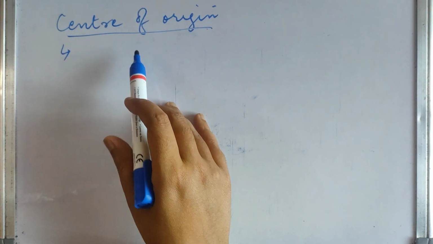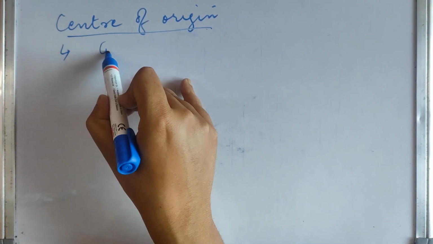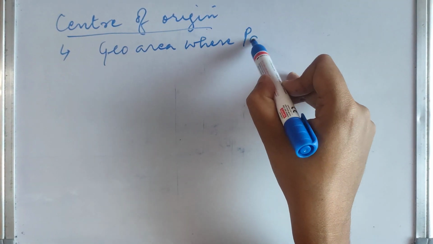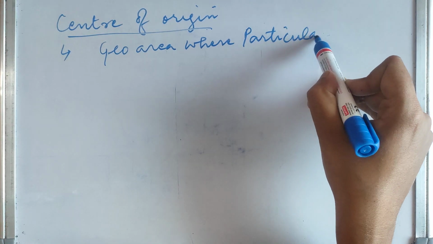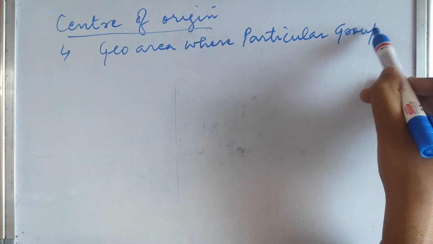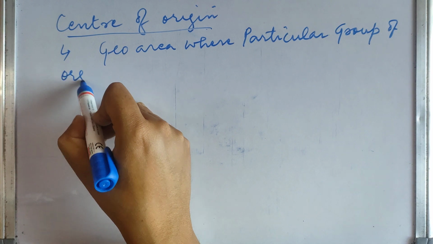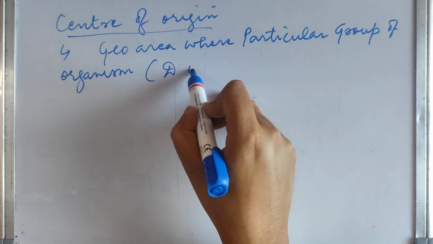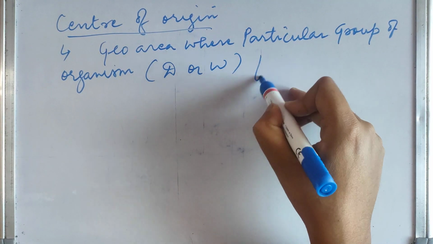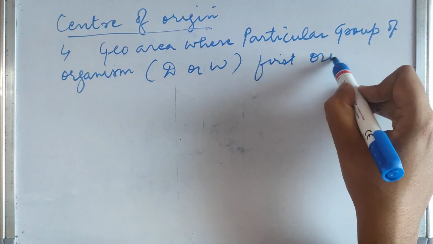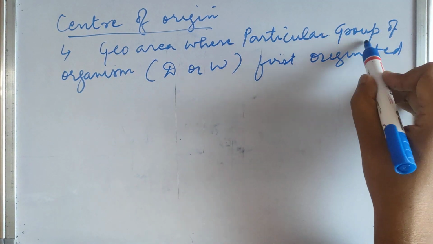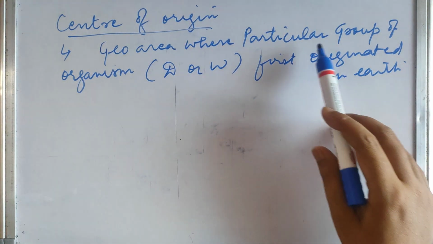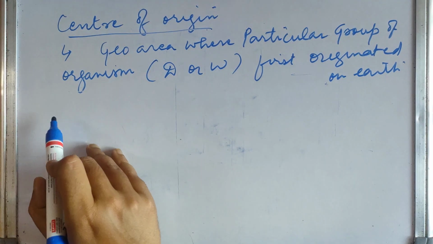It is the geographical area where a particular group of organisms, either domesticated or wild, first originated on earth.